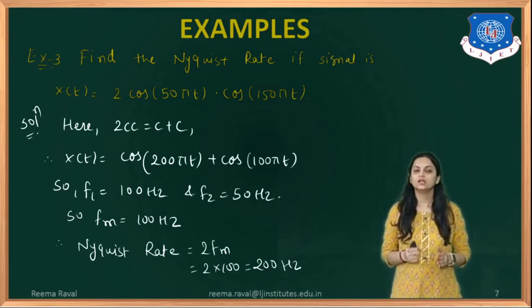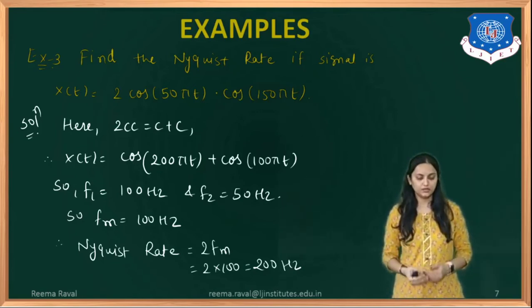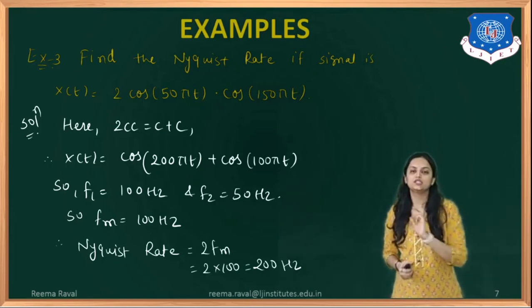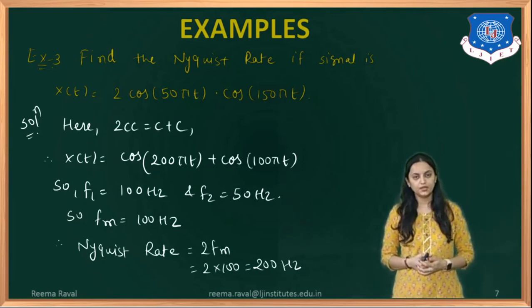Now, we should understand that whenever we find the Nyquist rate or Nyquist interval, the terms should be in addition or subtraction form. Here they are in multiplication form, so we need to make it in addition form.